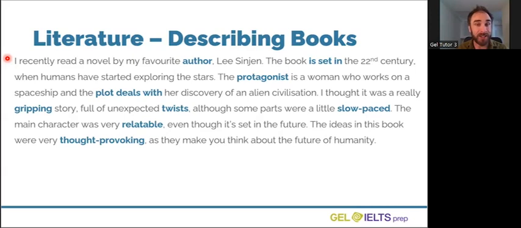The protagonist is a woman who works on a spaceship, and the plot deals with her discovery of an alien civilization. I thought it was a really gripping story, full of unexpected twists, although some parts were a little slow-paced. The main character was very relatable, even though it's set in the future. The ideas in this book were very thought-provoking, as they make you think about the future of humanity.